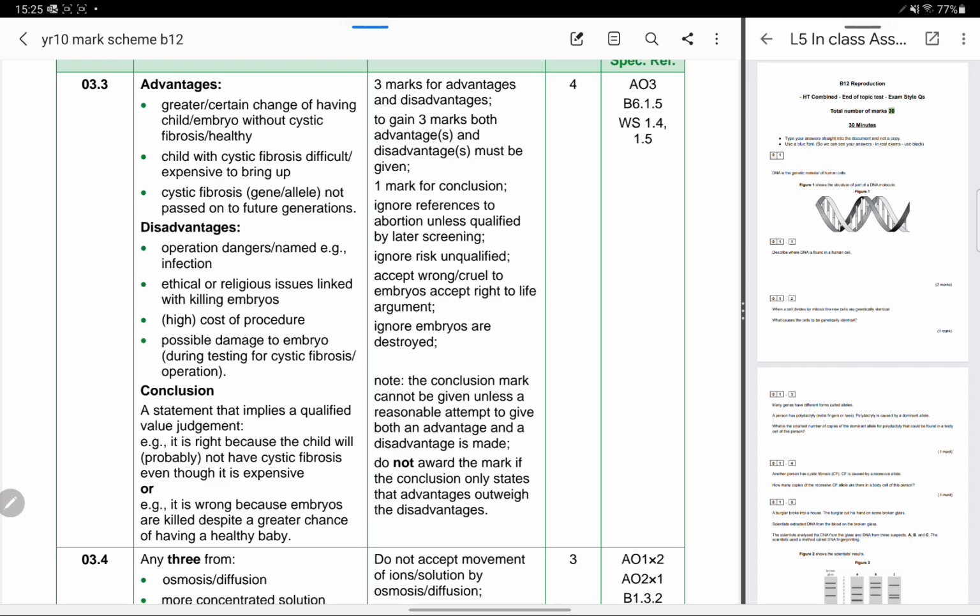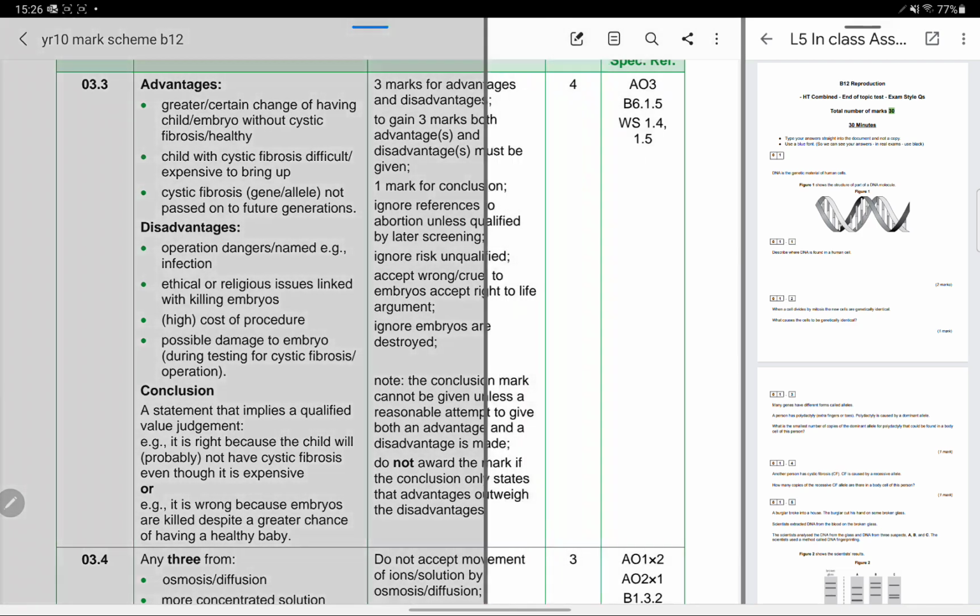The disadvantages you could have had are reasons of dangers due to an operation, ethical or religious issues, high cost, possible damage to embryo. And then a conclusion is just saying, I think they should have it because, or I think they shouldn't because, okay? And that's 4 marks for that, okay?